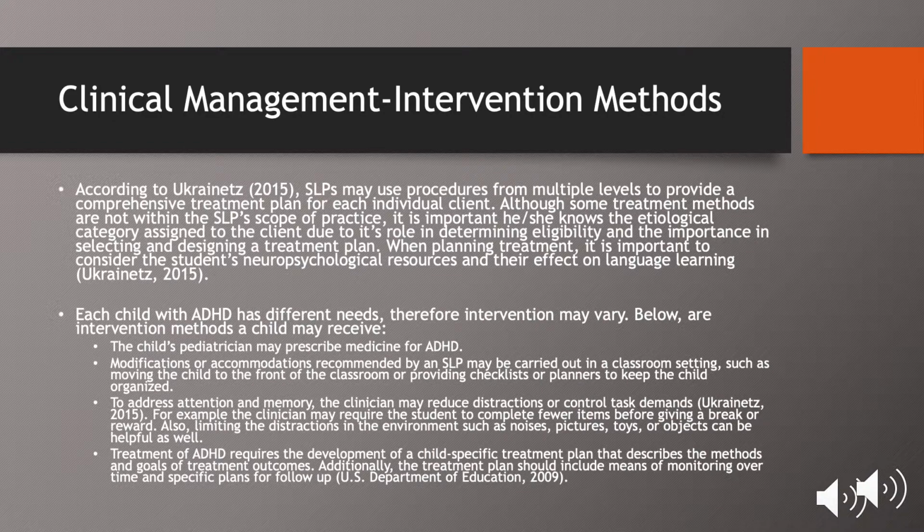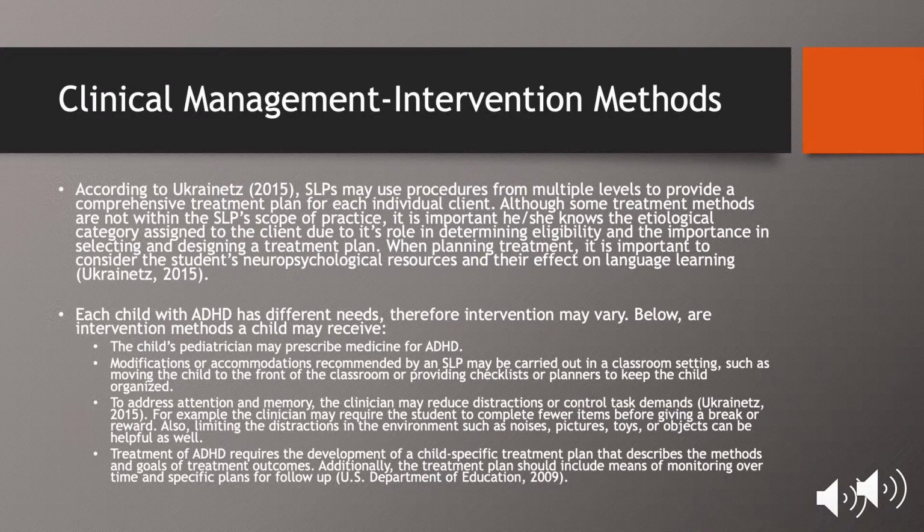Also, the SLP could address attention and memory by reducing distractions or controlling task demands. For example, the clinician may require the student to complete fewer items before giving a break or reward, and also implementing ways to limit the distractions in the environment, such as noises, pictures, toys, or objects can be helpful as well.